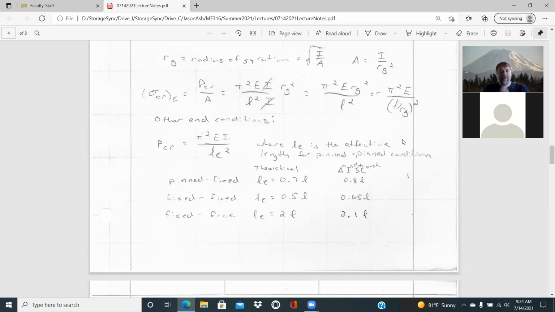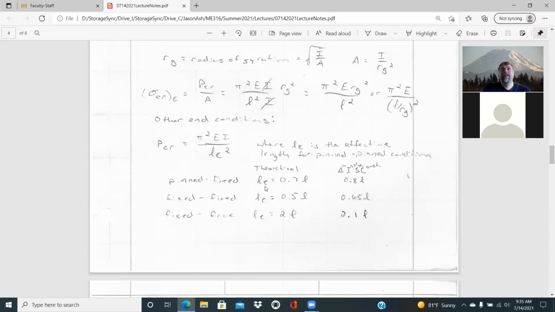To account for that, we can redefine our slenderness ratio in terms of an effective length for the beam based on the pin-pin condition. If we start looking at other boundary conditions, say one end is pinned and one end is fixed, we can define a theoretical effective length as if it were a pin-pin condition.